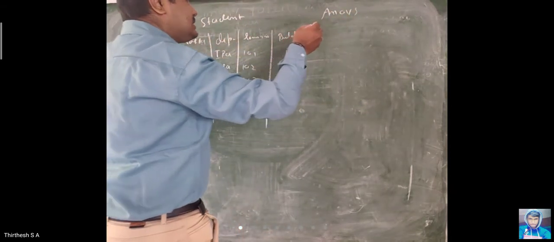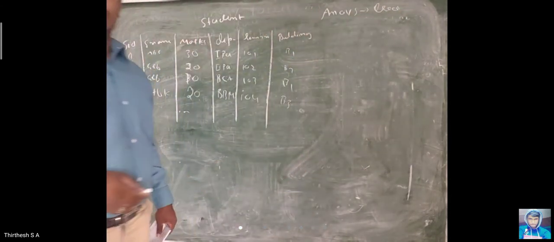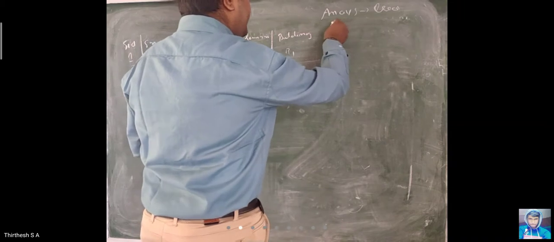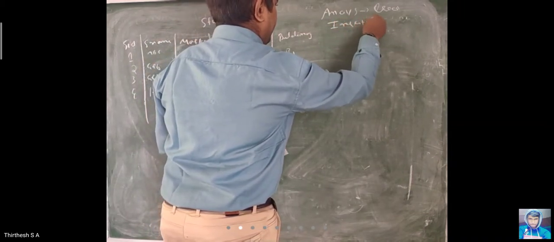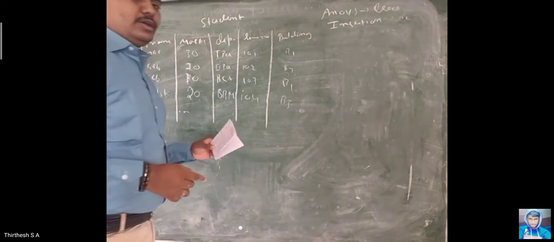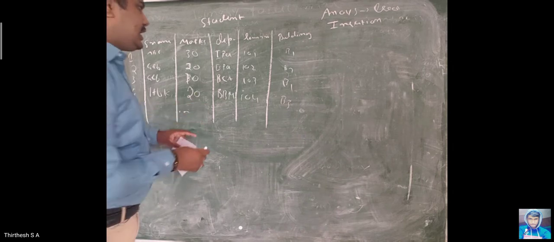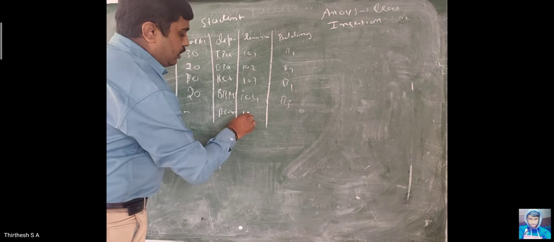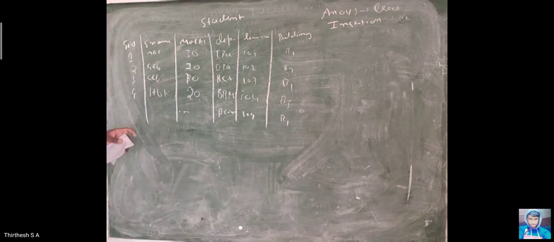Anomalies here are known as some errors. What are those errors? When we speak about an anomaly, we come across the insertion anomaly. So what is the insertion anomaly? Suppose I need to enter only a department name like BCom, 104, B1.